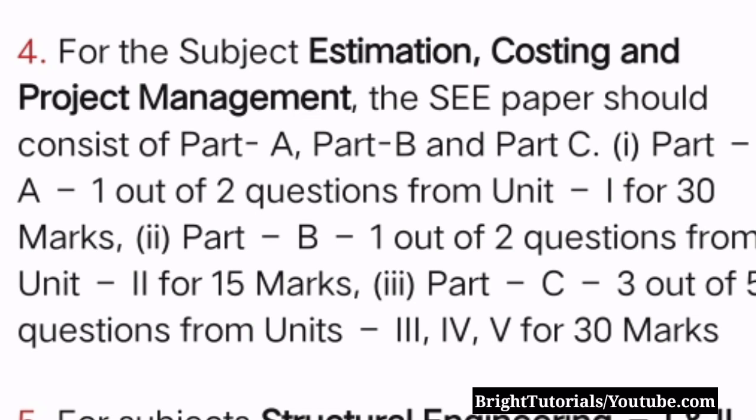Part B will also consist of 2 questions asked from unit 2, carrying 15 marks. Out of these 2 questions, you have to answer only one. And in part C, there will be 5 questions. Out of 5 questions, you have to answer 3 questions. All these 5 questions will be asked from units 3rd, 4th and 5th, which will be for 30 marks.